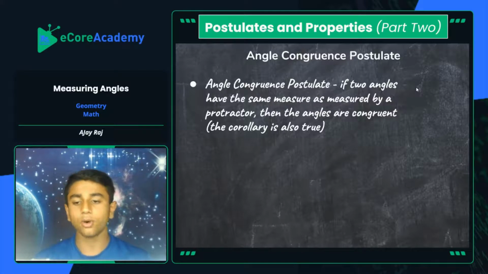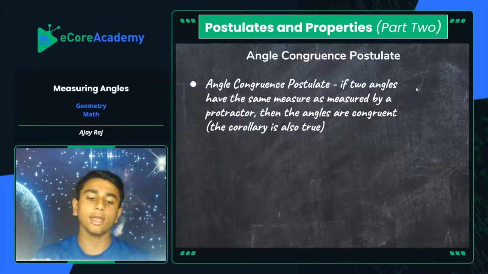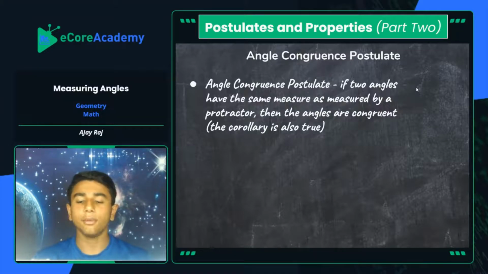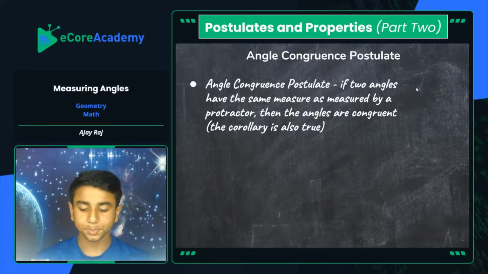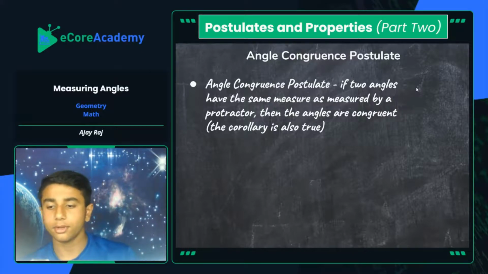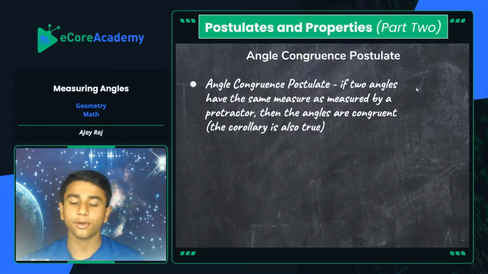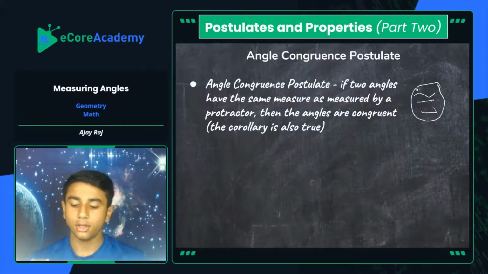And the corollary is true if you're saying that angle ABC is congruent to angle DEF. That means that they both must have the same exact angle measure. It's very simple. And the sign or symbol for congruence is basically an equal sign with a little wave at the top. That's what a congruence sign looks like.